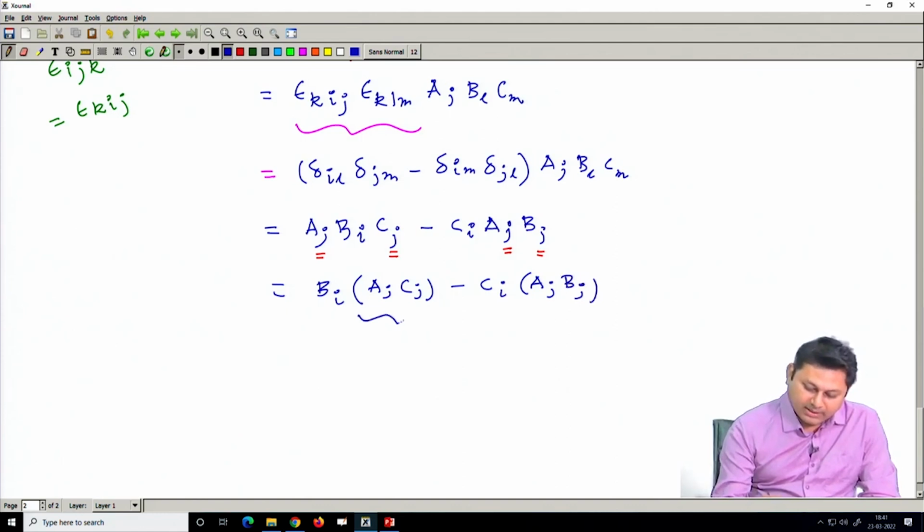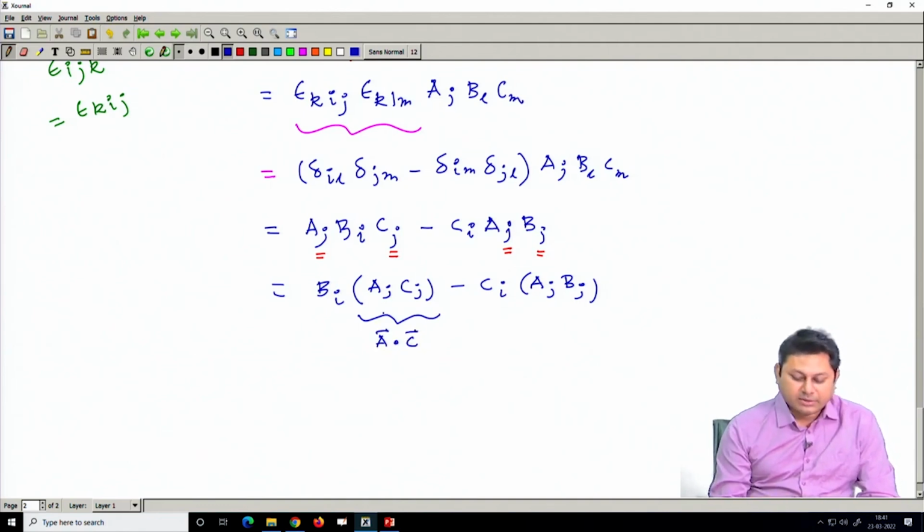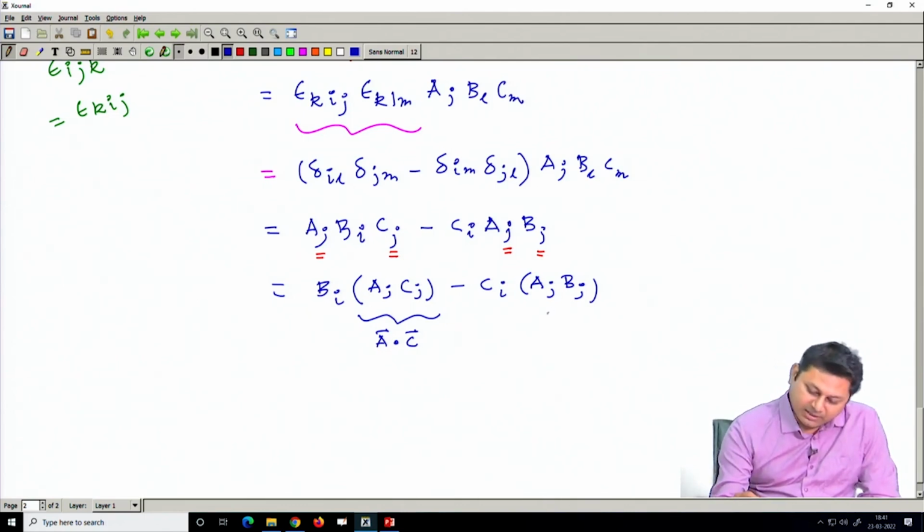Now, this quantity A j C j is nothing but A dot C, because if you expand A dot C by using the Einstein notation, it is simply A j C j. In a similar way, A j B j is nothing but A dot B.